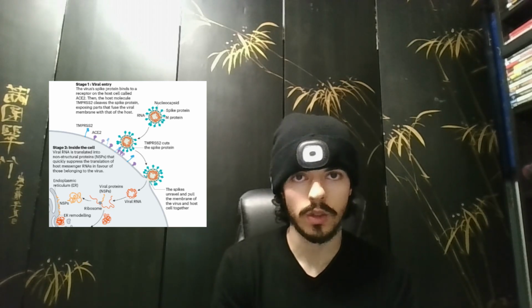Upon entry of the virion nucleocapsid, the positive single-stranded RNA is synthesized into double-stranded RNA. From here, the double-stranded RNA is transcribed into subgenomic messenger RNA, or mRNA, for translation into functional and structural proteins.